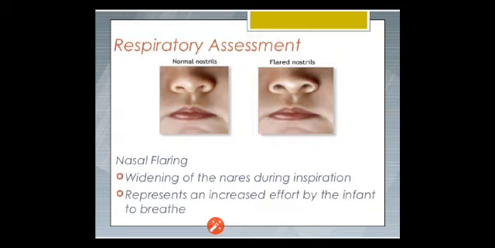In nasal flaring, the nostrils will be widening, as we see widening of nares during inspiration. When we inhale air, the nostrils in the right side picture are widening. So through this we can observe respiratory distress. It represents an increased effort by the infant to breathe. When we see a baby with nasal flaring, we can understand the baby is making efforts to breathe. So with this we can take necessary precautions, like in a hospital setup we will go for CPAP advice or ventilation.